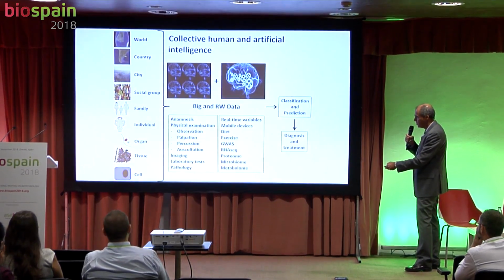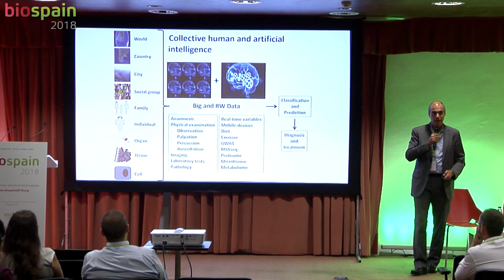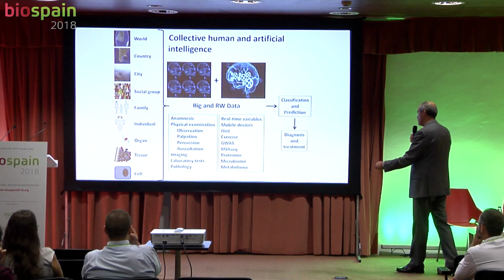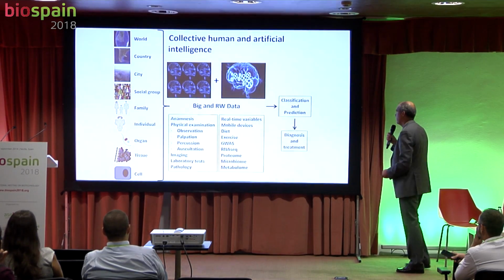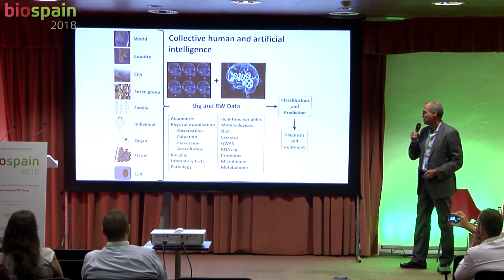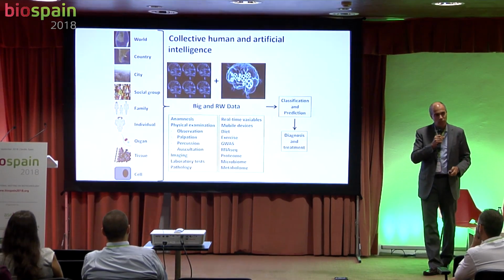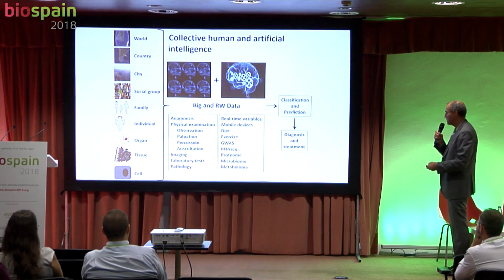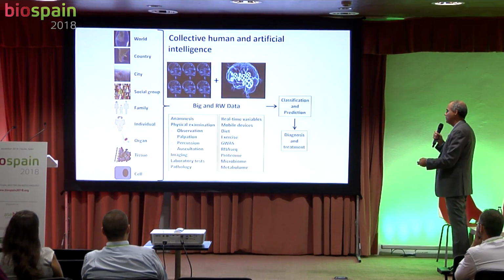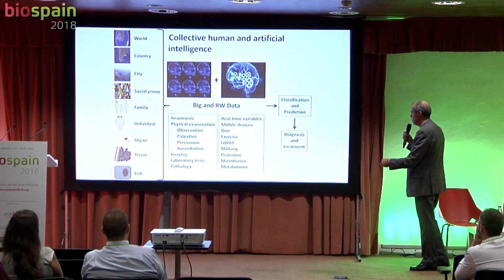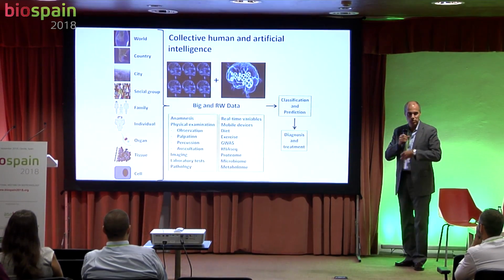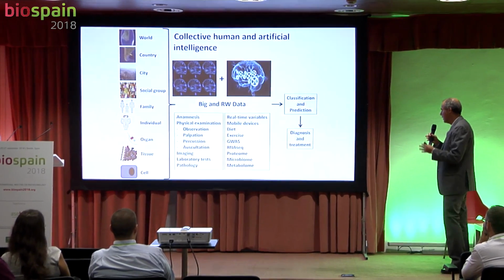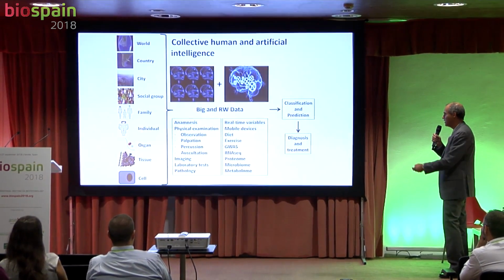So we will continue doing the same, using our brain and our 5 senses to collect information. We will continue using technological information coming from imaging, laboratory tests, pathology, but now we have the opportunity to obtain information from mobile devices in real time: the diet, exercise, GWAS, RNA-seq, proteome, microbiome, and all the omics that you want, in order to generate a better model of what's going to happen in our patients.